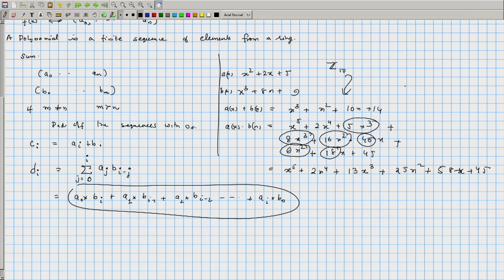I mean, in that case, the answer would be x cube plus x square plus 4, because 10x is 0 times x, and that is just 0, and 14 mod 10 is going to be 4.